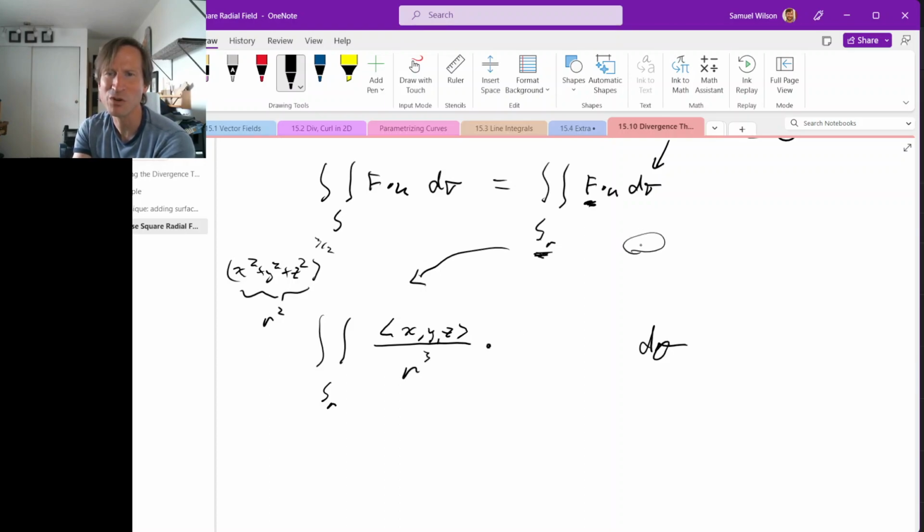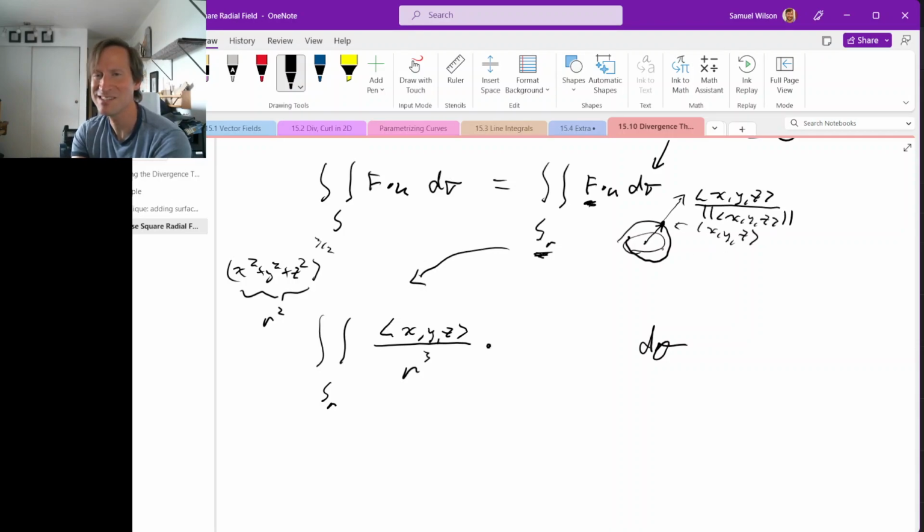Well, what is the normal vector for a sphere? At whatever point you're at on the sphere, the normal vector is pointing in exactly the same direction. So if this point is x, y, z, the normal vector is x, y, z, except we need to make sure that it's unit length, so we have to divide by the magnitude of x, y, z.